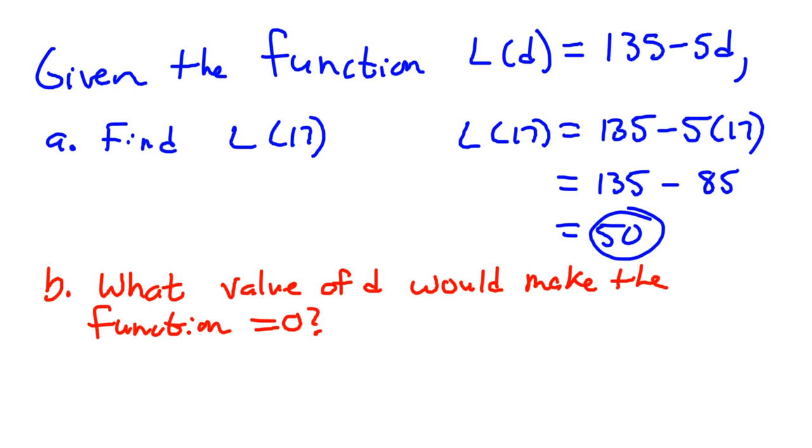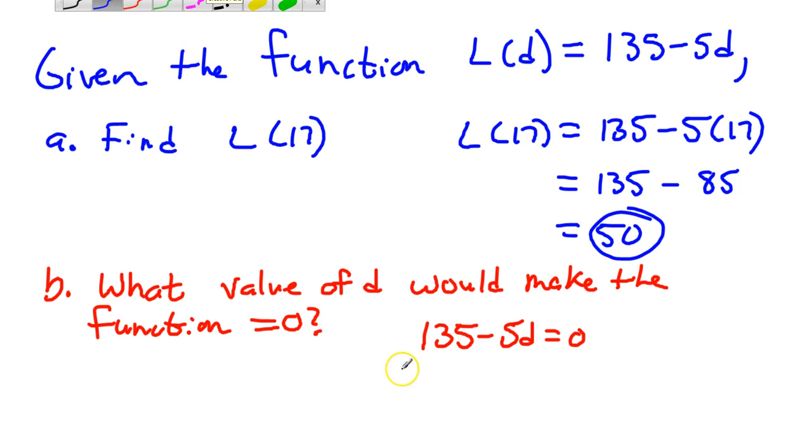Okay, so if they go ahead and tell you that the answer is 0, then basically you can just take this 135 minus 5D and let that equal 0. They'll go ahead and tell you what the answer is, so it's one of those where they go the opposite. If they tell you that the function is equal to 0, they're telling you what the answer is, and now they're saying, all right, work this thing backwards and tell me what makes this thing equal 0. So you just take the 135 minus 5D and let that equal 0. Or if they tell you it's 10 or whatever it is. So that should be pretty straightforward.